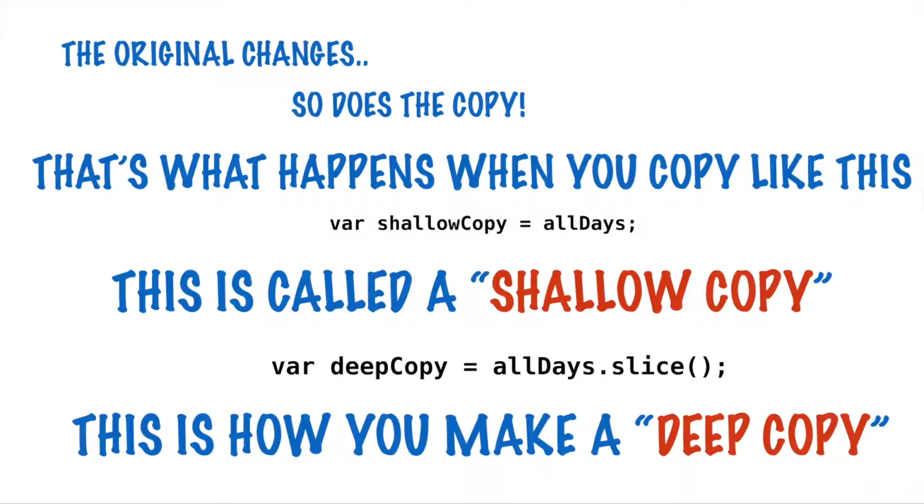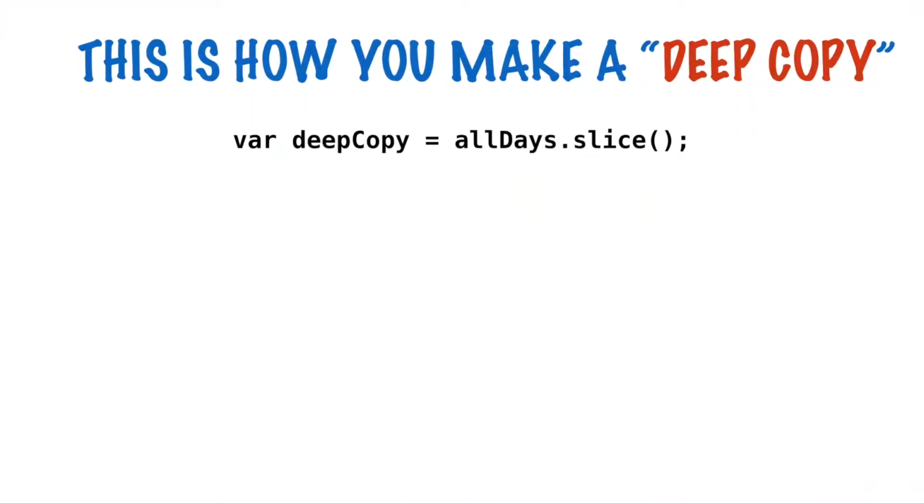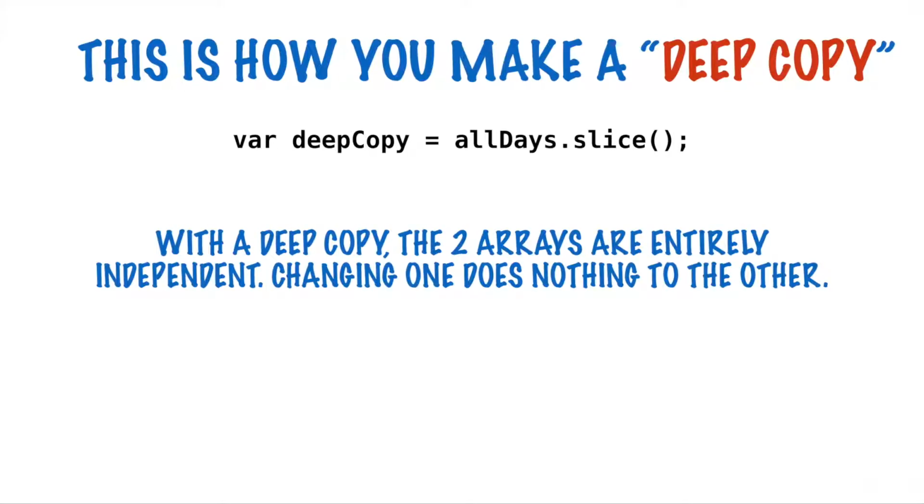All days dot slice. Note that slice is a function call, and we'll learn about them later, on the all days array. It's a method on the all days array. And this is how you use it to make a deep copy of the array.